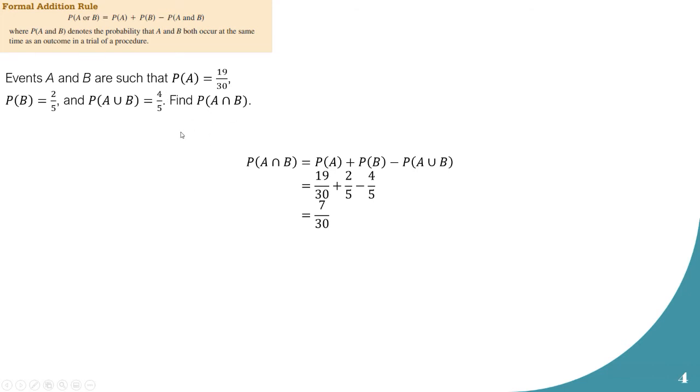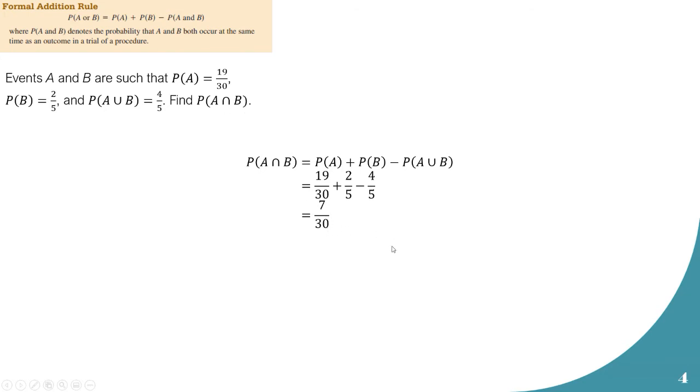So we can simply say then that the probability of A and B is the probability of A plus the probability of B minus the probability of A or B. So this is just some very basic algebra, so I hope this is not hard for you to understand. And now we just plug in our numbers here. That's 19 over 30 plus 2/5 minus 4/5, and we get that the probability of A and B is 7 over 30.